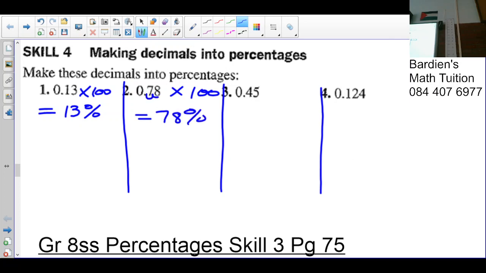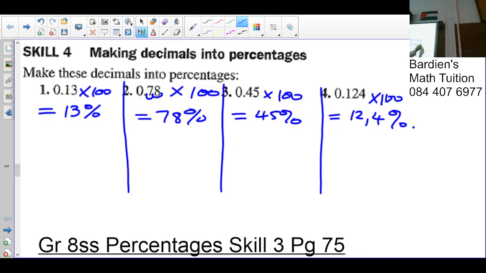Because I'm moving the comma 2 places over. 0.45 times 100 is 45%. 0.124 multiplied by 100 is 12.4%. Any confusion there? No.